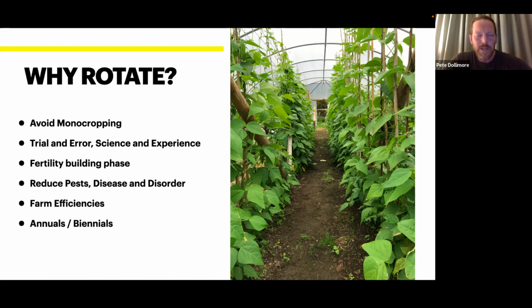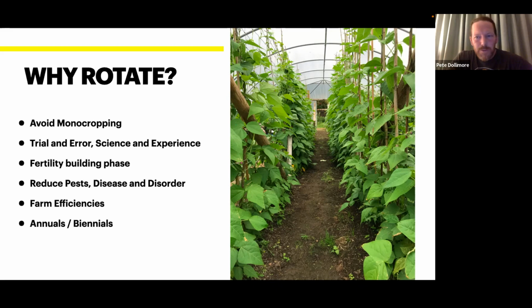More recently, science has stepped into it, but we could say that in the middle of last century, the way that science was heading, chemical science, meant that people were able to monocrop, and that it was being propped up by chemical fertilizers, pesticides, herbicides. But over time, I think people have come to realize that's not the way to go.